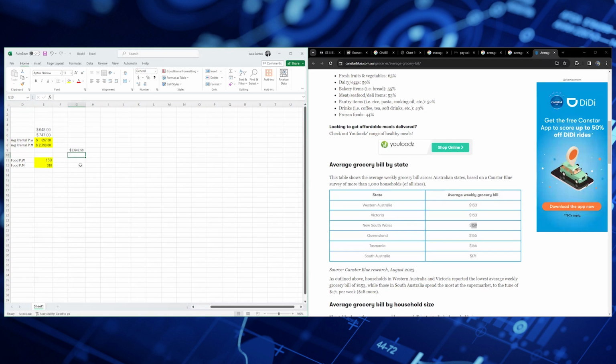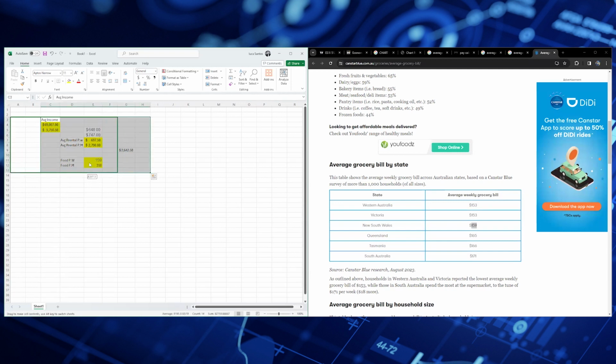Now, this is just the basic life. You can still have some good money at the end of the month, right? $2,642. Now, if you actually have an adult life, to be honest, there's not any simple job that will pay you this sort of income.